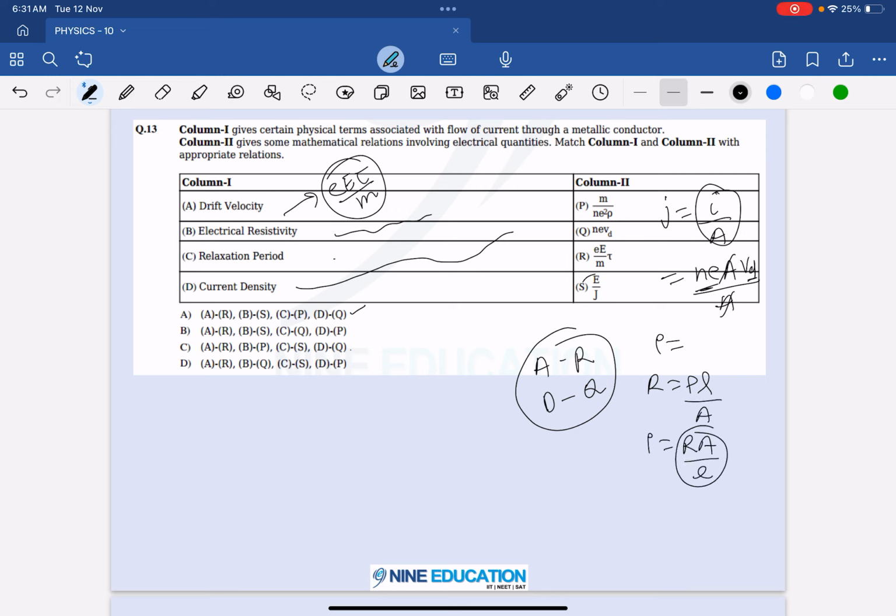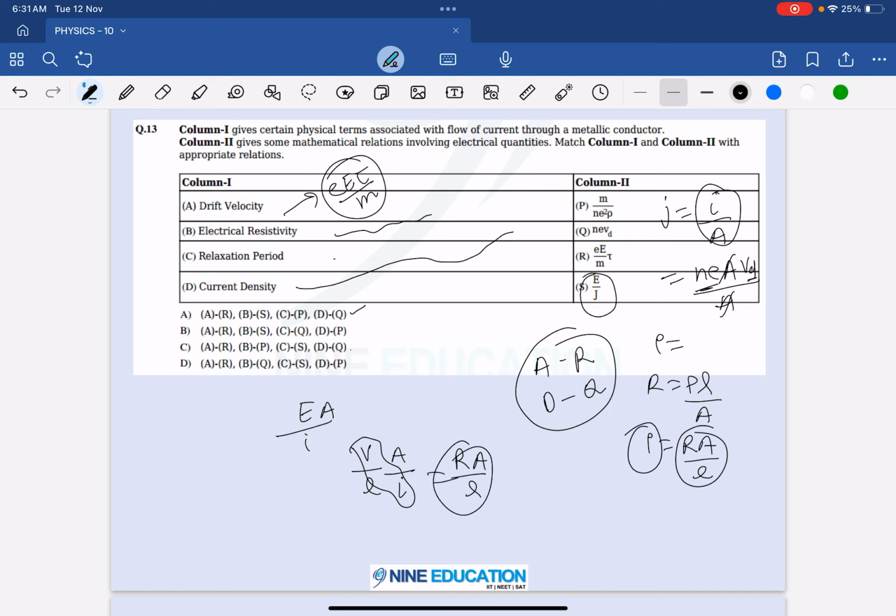So this formula, I think this is having some hunch, sir. I'll solve it, sir. This is E divided by J. J is I by A, so it is going to become. And can I write E as V by L into A by I? So now tell me what is V by I? This is basically our R. So RA by L. Oh, sir, this is my resistivity only.